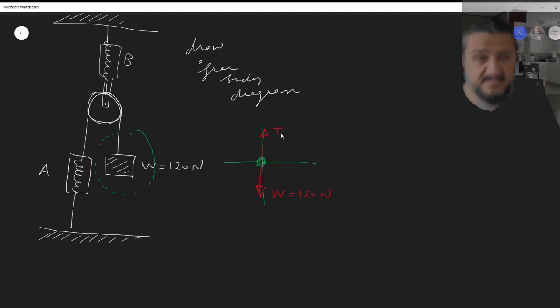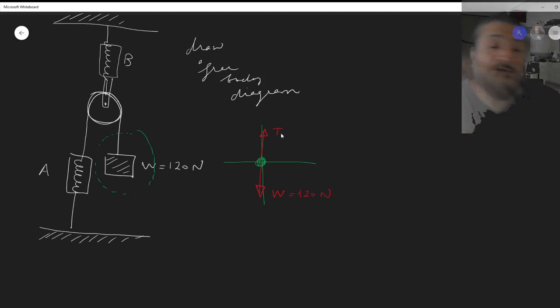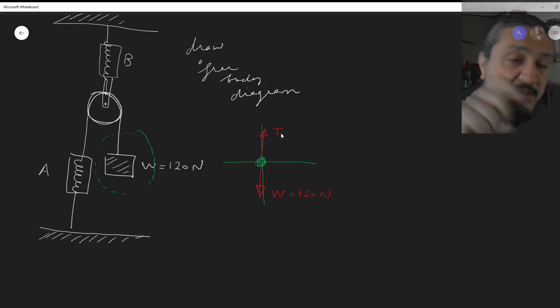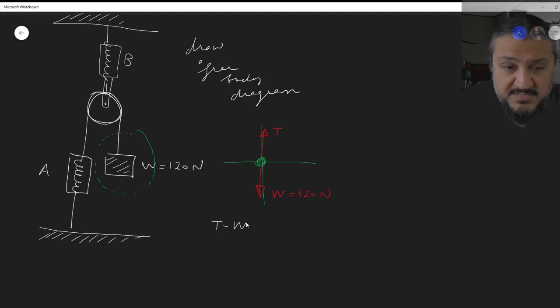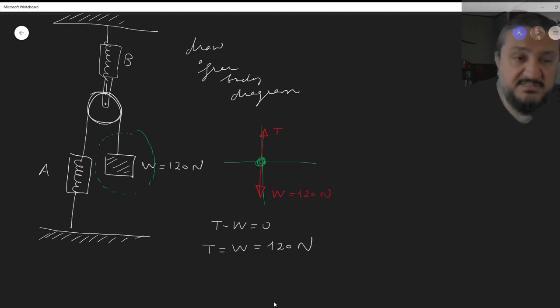Those are the only forces acting on the weight. And if this is an equilibrium, it means that T minus W is equal to 0. In other words, T is equal to W, which is 120 newtons.